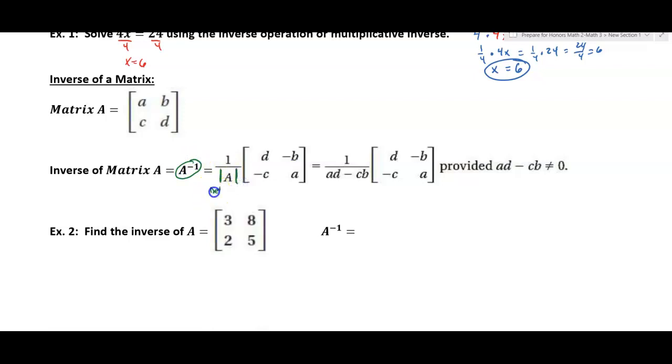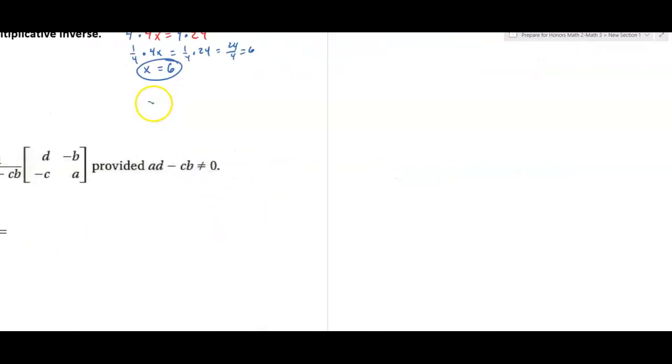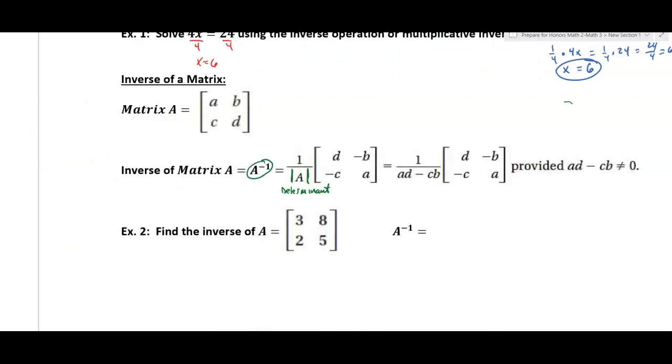Remember those straight bars tell you the determinant of A. Then I take a and d and flip-flop their positions, then I take the opposite of c and the opposite of b. And then I use scalar multiplication with this.